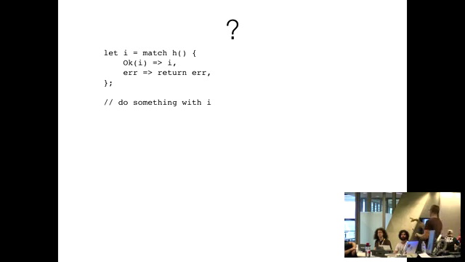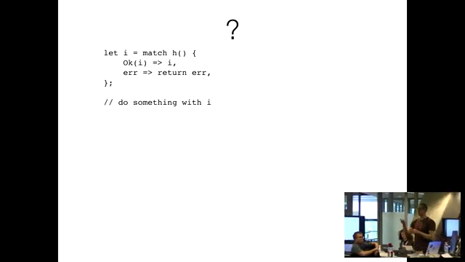Because we're matching the OK pattern, by matching it we're doing the unwrapping and we're left with the I. Whereas on the error case, that's a local variable called e, not the capital E, which is the name of the variant, so there's no unwrapping happening on that case. Okay, right.